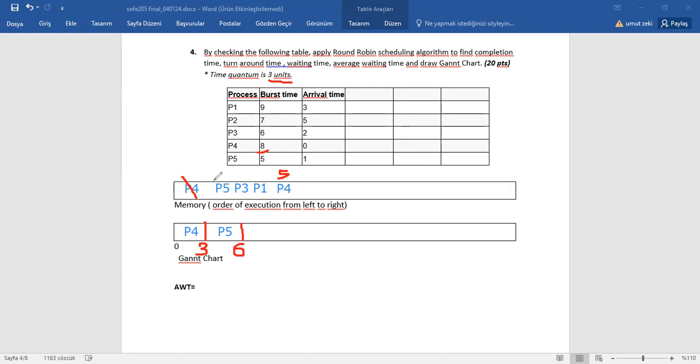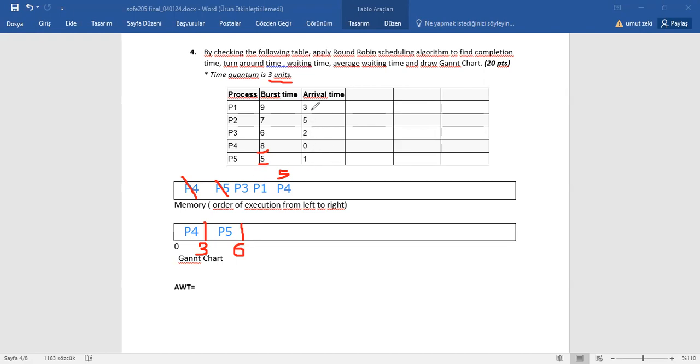So when I finish it here, I will put it back again because I have 2 more nanoseconds to execute. But I have to check which processes are already in the memory when time is 5 and when time is 6, because P5 will be after that.